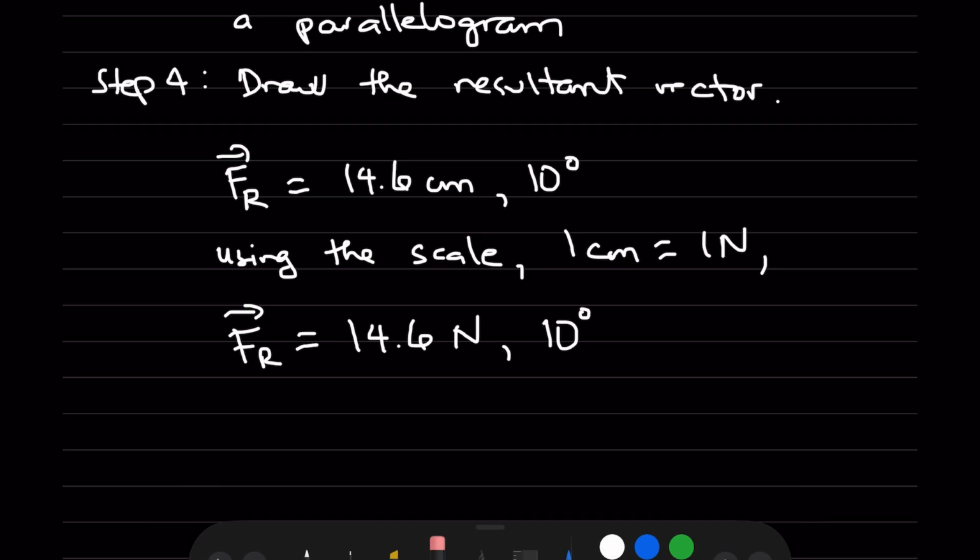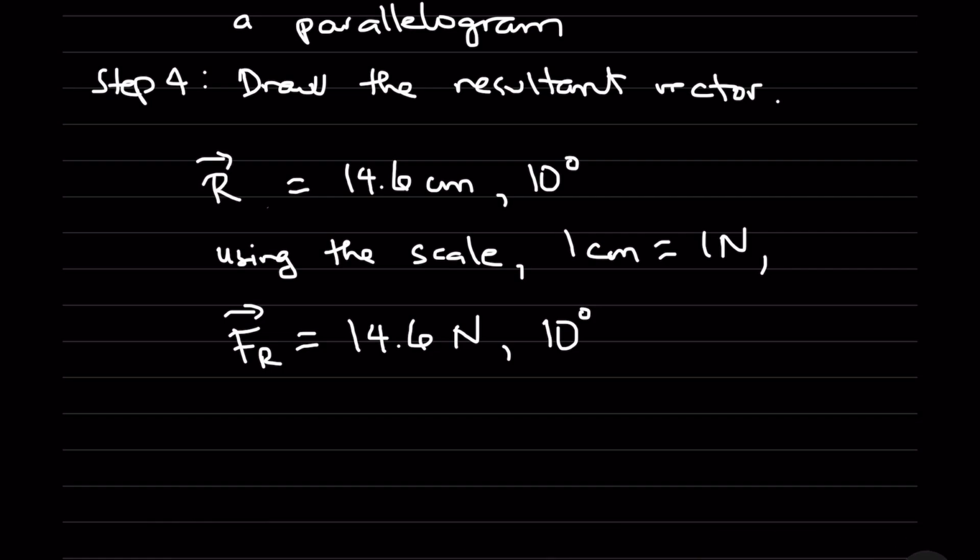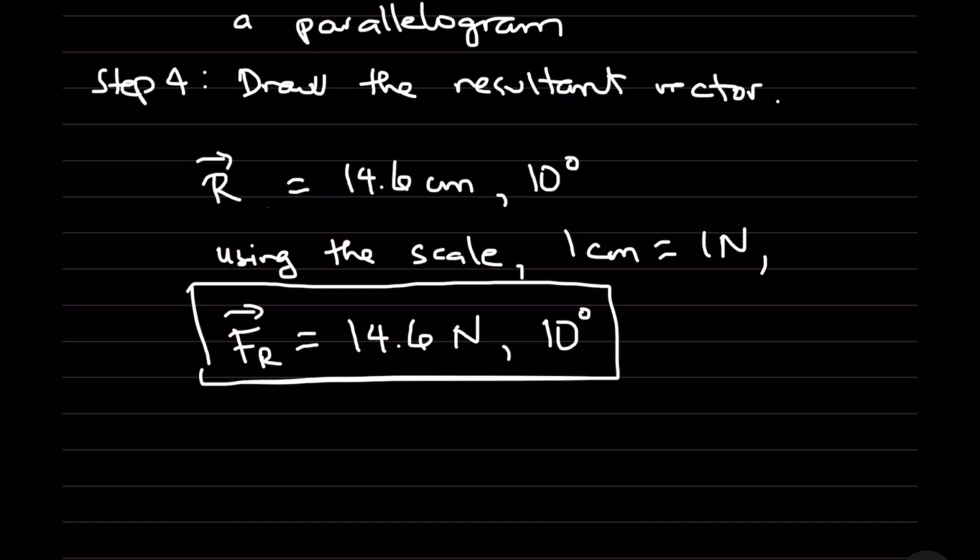But that is not the final answer. So in order to find the final answer, you use the scale. So using the scale, you see that the resultant vector or the resultant force vector is 14.6 newtons. The direction is 10 degrees.